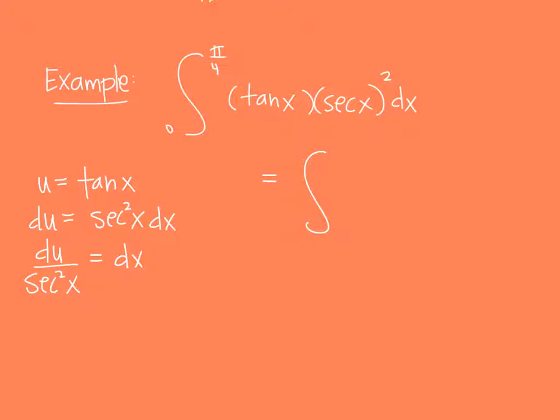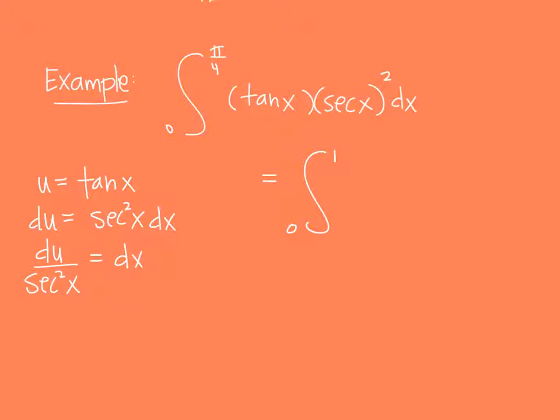So then we want to convert our bounds. If u is chosen to be tan x, then our bound conversion will be going from 0 stays 0, because the tan of 0 is 1, but what will the upper bound now be? Careful. 1. Yeah, we just went through that.